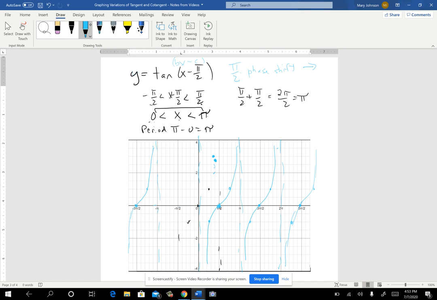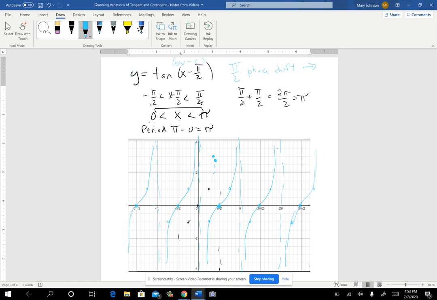So there was an asymptote, there was an asymptote, and we were winding up with what you see now. That's the graph of y equals tangent of x minus pi over 2. It just shifted the tangent graph to the right pi over 2. So rather than having this be at the origin, it was over to the right, and that was true for every single point.